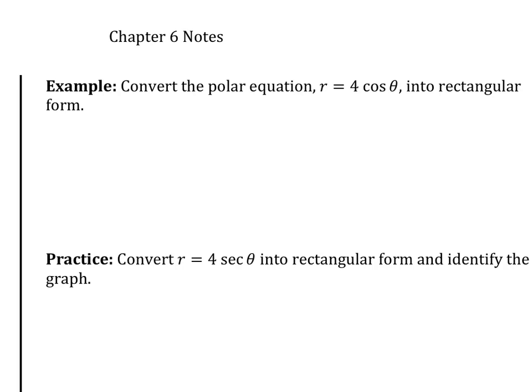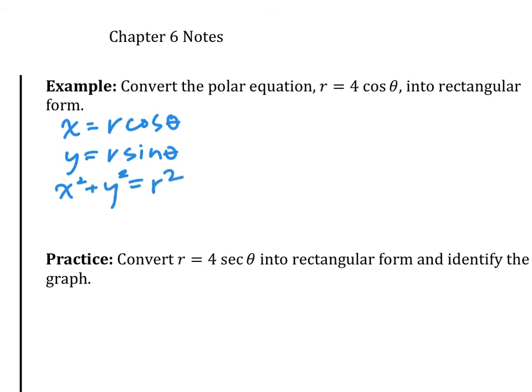What you want to do is remember that x is equal to r cosine theta, and y is equal to r sine theta, and also x squared plus y squared is r squared. So if we have r equals 4 cosine theta, that's not really going to help us turn it into rectangular coordinates.